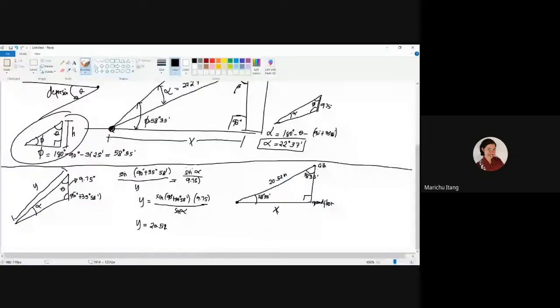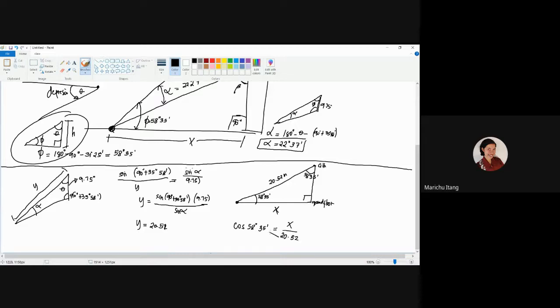So let's check the solution of Dublin. We can use cosine here since we have the adjacent, which is the value of x. So cosine of 58 degrees 35 minutes equals the adjacent, x, over the hypotenuse, 20.52.